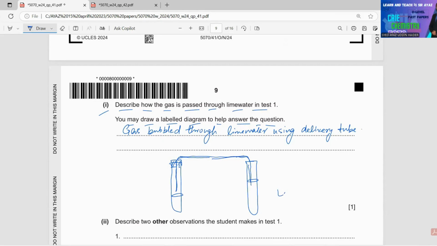This one is lime water. This is the delivery tube. This must contain the CO3 2- ion of the salt.